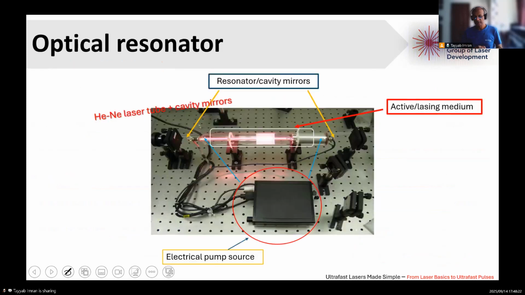If you see here, this is a helium neon laser. If you open it, there's a black jacket around it, and inside is the tube. The gas is filled inside, helium and neon with a certain percentage.